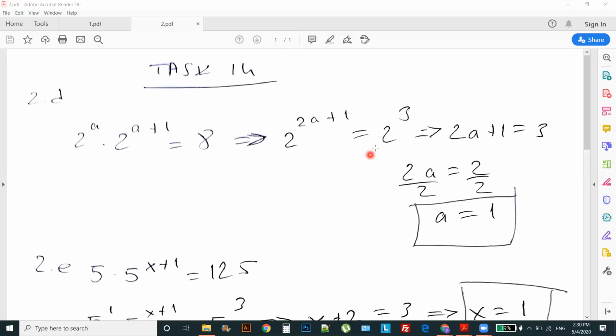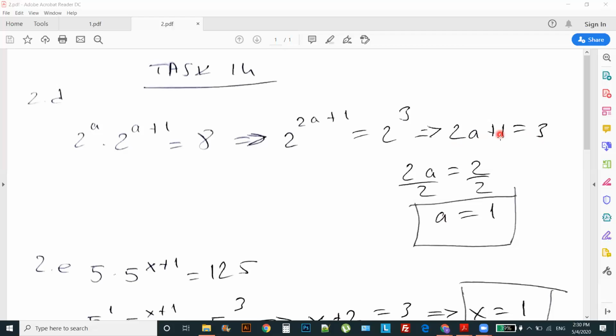So now once I write this 8 as a power of 2, as you can see here, guys, I have the same bases, 2 and 2, then I will just work with the powers. So 2a plus 1 equals 3. It's a normal equation.